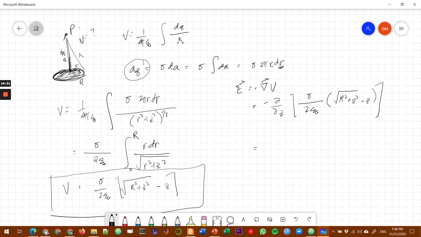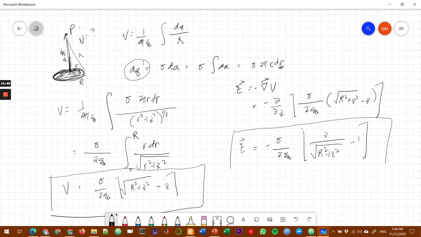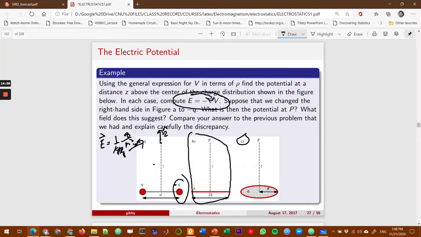If you take the derivative of that, then simplify, you should be able to get this expression. Okay, so that is the electric field for this problem.